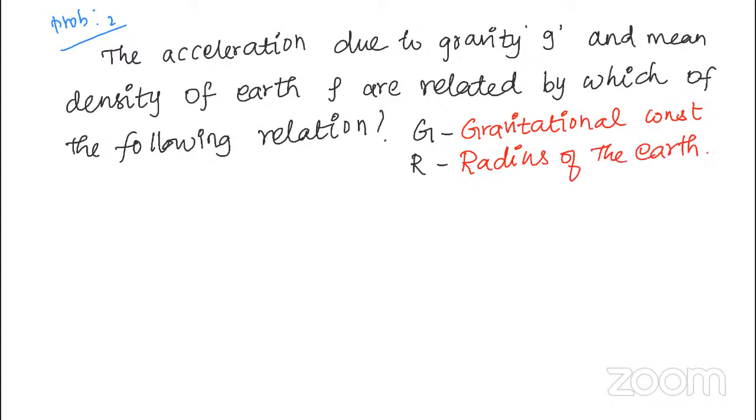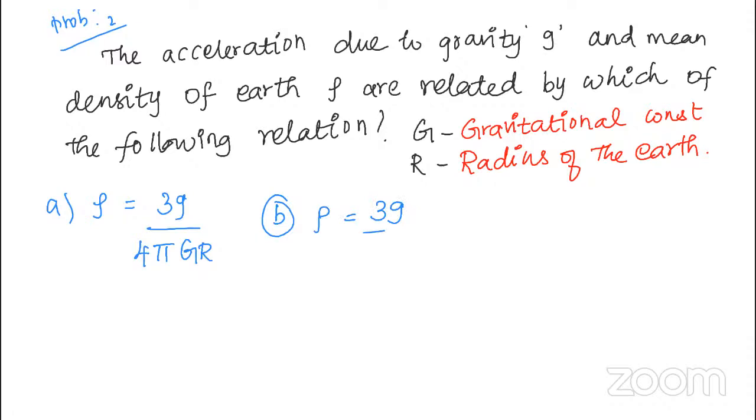Right? They are given the options: A, rho is equal to 3g divided by 4 pi G R. B, rho is equal to 3g divided by 4 pi G into R cube.